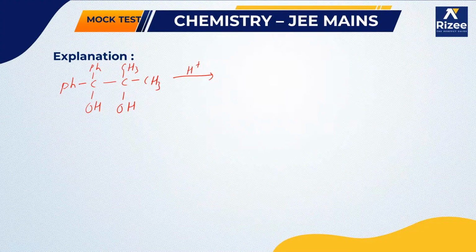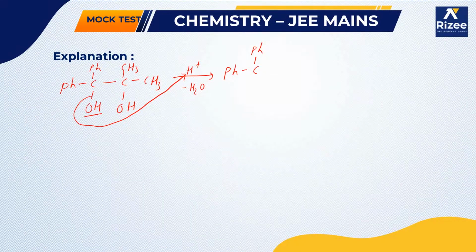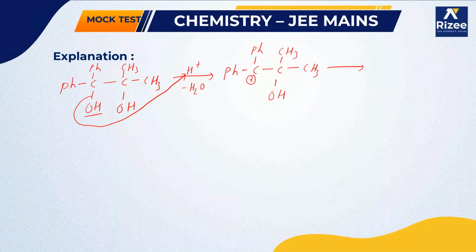In the presence of H plus, the OH will attack the H plus ion, leaving as a water molecule, minus H2O. Since the OH leaves, this carbon will attain a positive charge. Now, rearrangement will take place.